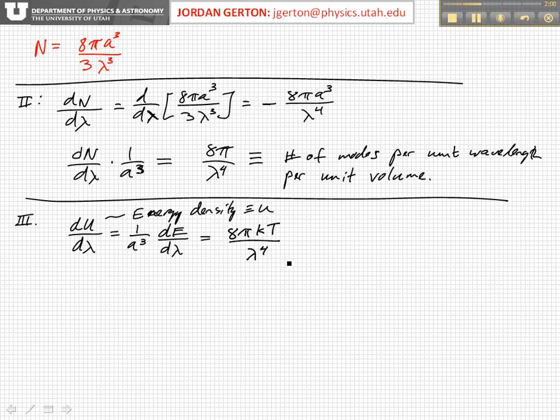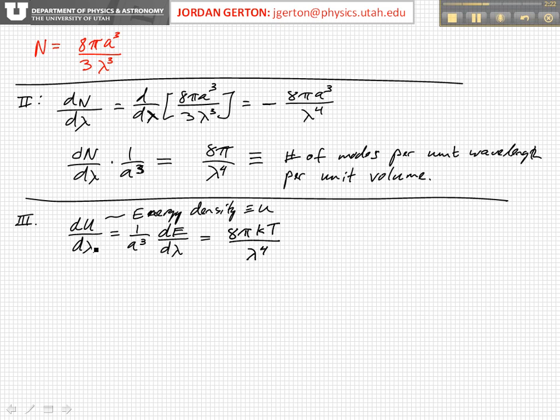Now, let's first take stock of what we have here. This is the energy density in the cavity per unit wavelength.